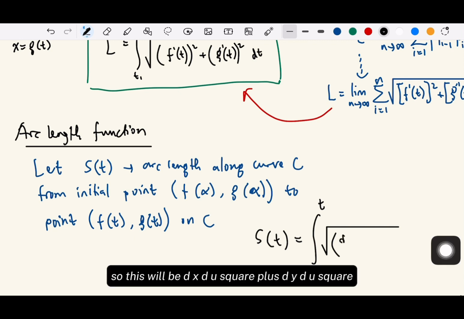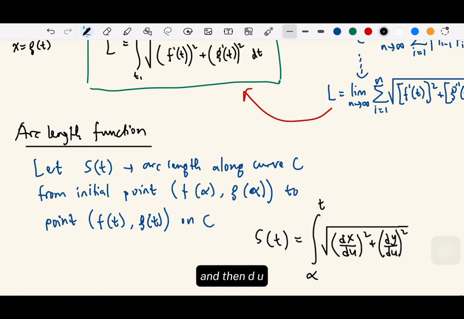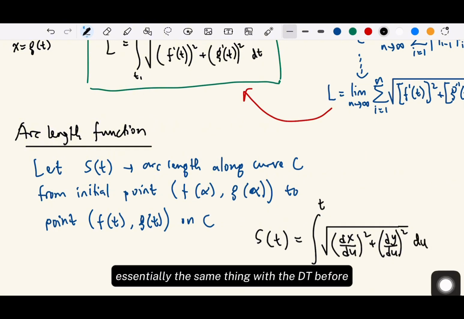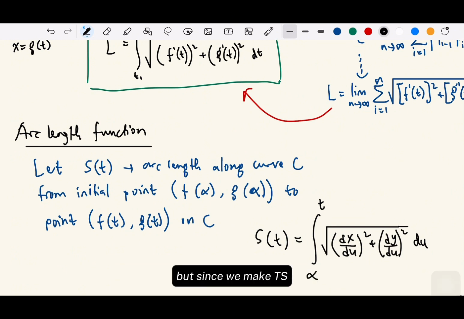So this will be dx du, okay, squared plus dy du squared and then du. Essentially they are the same thing as the dt before, but since we make t the end of the interval of the integration, we make a new variable. Okay, I hope you get the point.